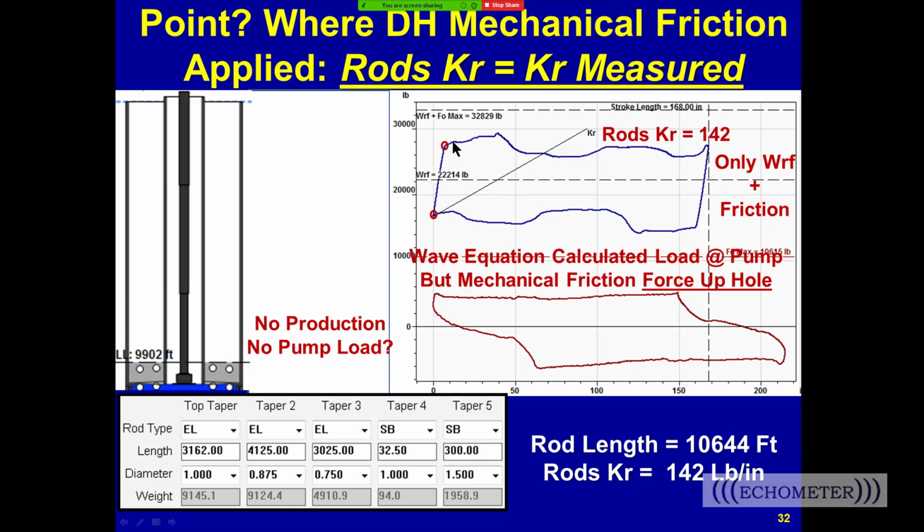So we're going to reduce the rod string until we get this line and that line to match. So that's what we measured, 1,478 pounds. And this is what we calculate based on the entire rod string stretching. Okay, but only a shorter section of rods is stretching, since this is much steeper.